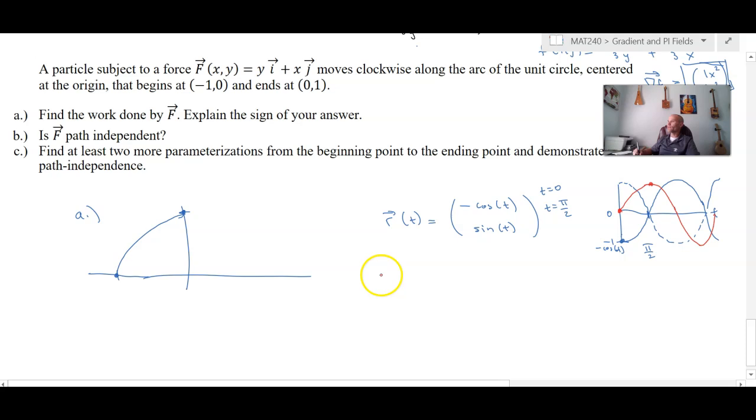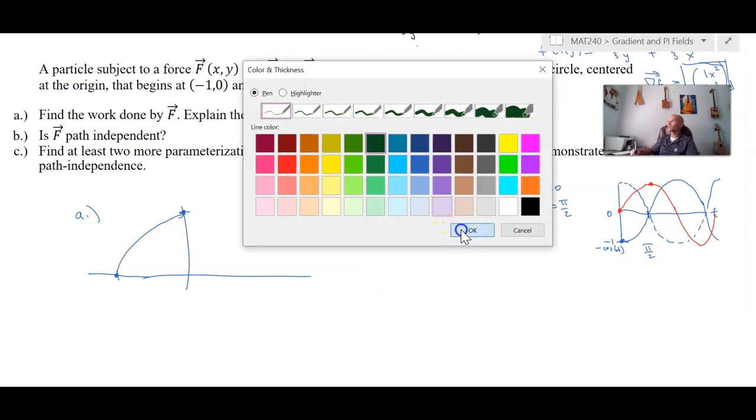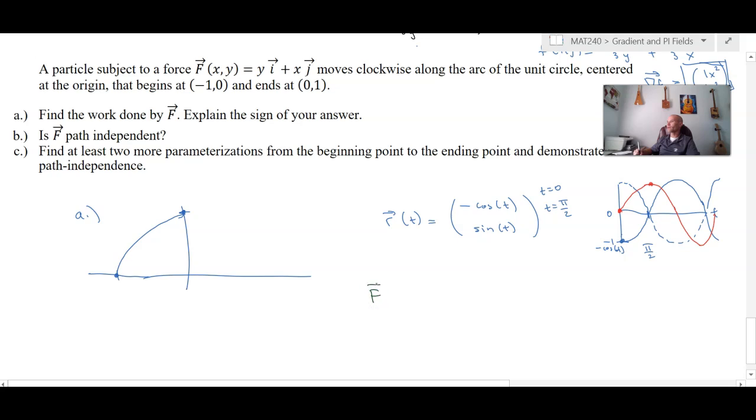So now to compute the vector field f evaluated at our position vector. Well, the x component of the vector field is going to equal the y coordinate, and the y component is going to equal the x coordinate. So remember, this is x of t, this is y of t, and our vector is going to involve y of t up here and x of t down here.